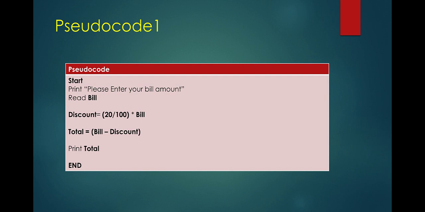So whatever value is stored in the discount variable, we remove it from bill, which is the actual bill that was received from the user, the value stored in bill. And the total is assigned to the print statement at the end, which means it prints it on the screen. So that prints the total on the screen, and then we end here. Pretty simple.